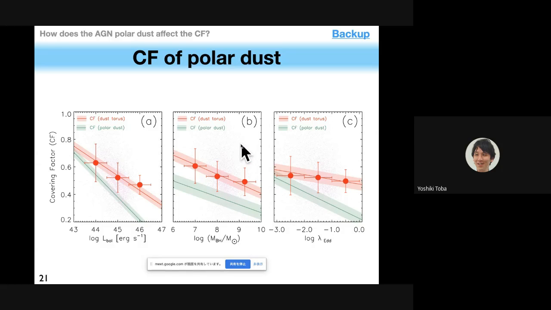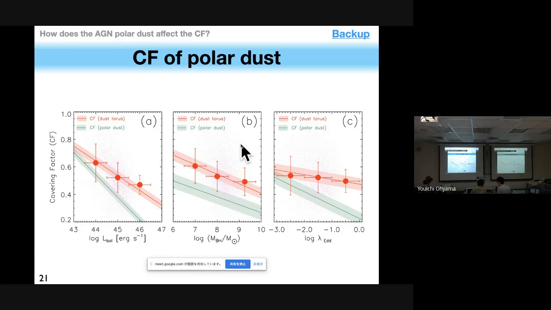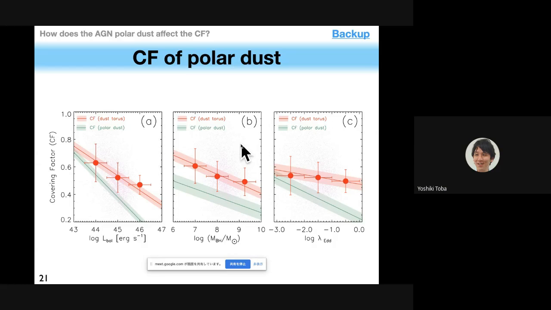This is the point. How does the correlation coefficient compare between the covering factor of the dust torus and the polar dust? That's a good question, but I did not yet study it. Yeah, that should be doable.